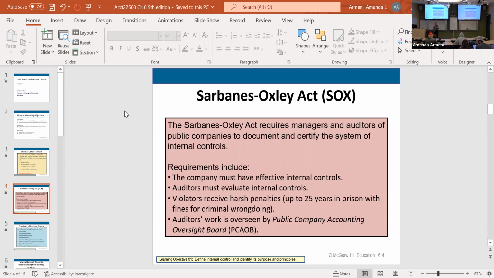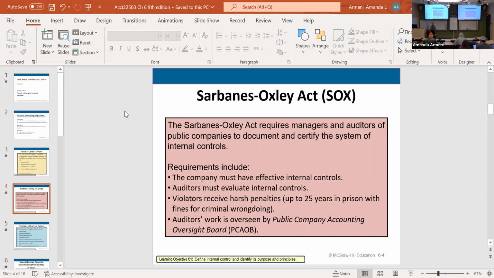So again, why am I talking to you about internal control? Because if you pursue an accounting degree, which is my presumption, even though I know it's not the case for most of you, and go out into the accounting profession, you have to follow these rules. The Sarbanes-Oxley Act of 2002.